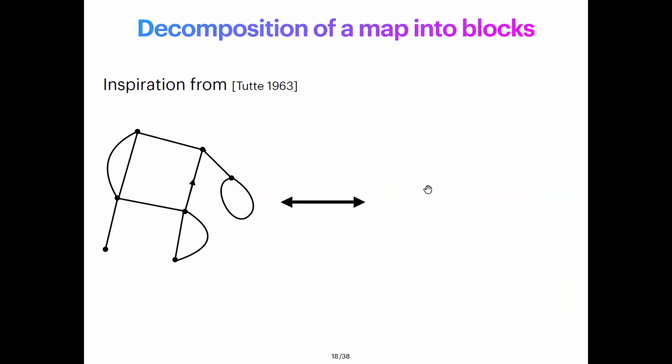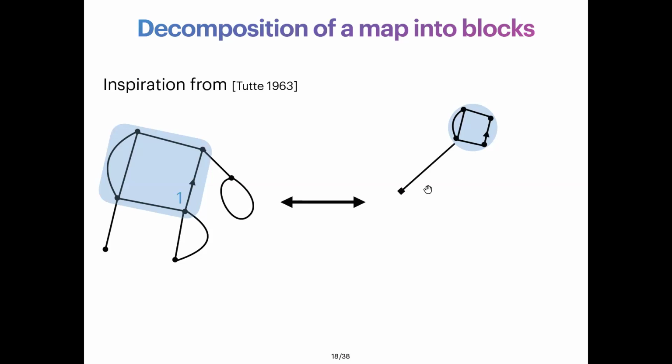The notion of block tree is inspired from Tutte's work in the 60s, who tells us that, in fact, a map can be obtained simply from looking at the block containing its root and then taking note of what we find in each corner of this block. So let me explain this on an example. Here we take the block containing the root, and then we have a canonical order that we choose for the corners.